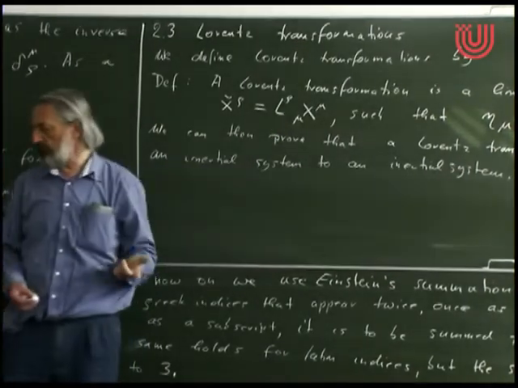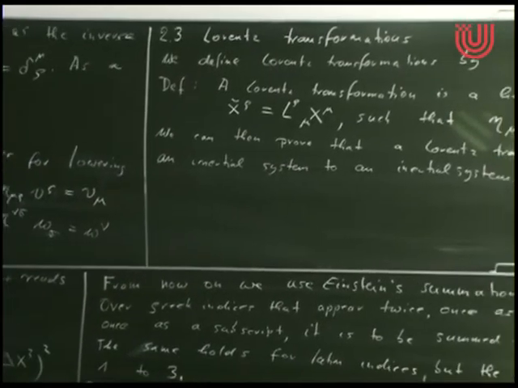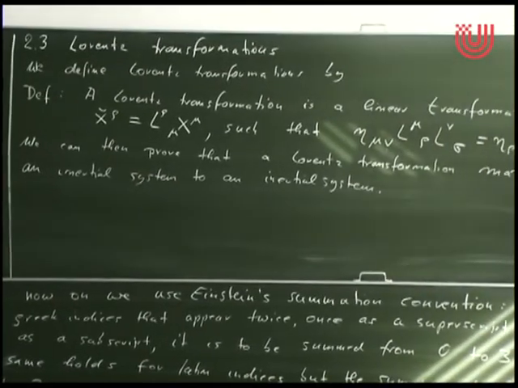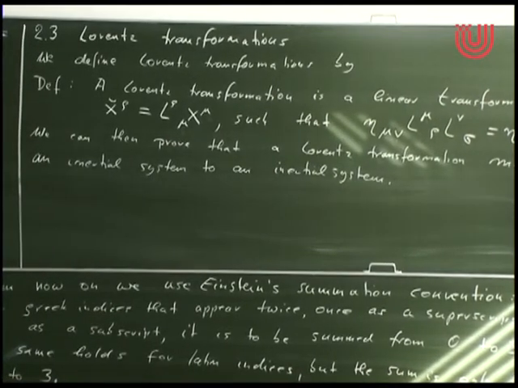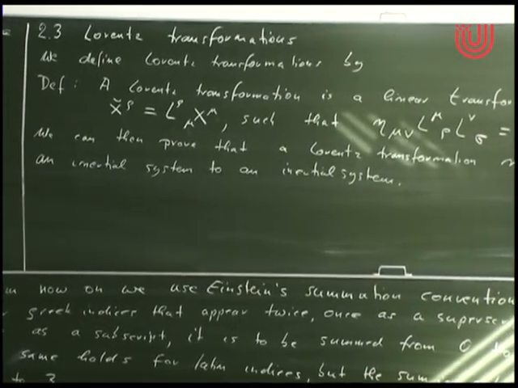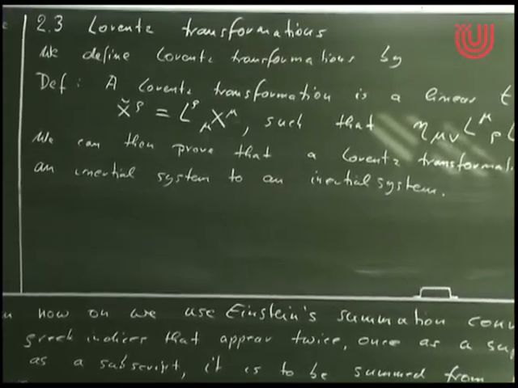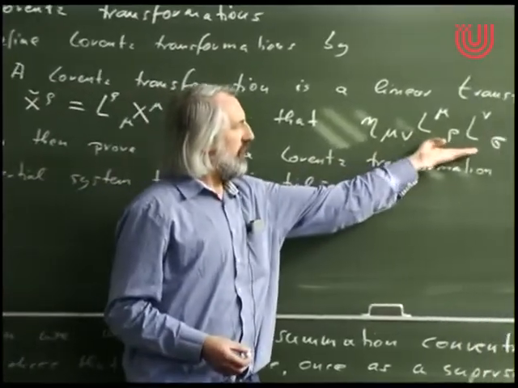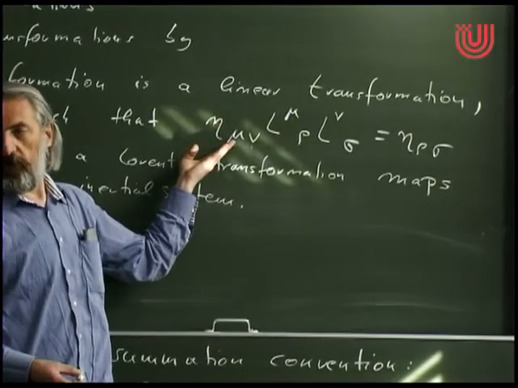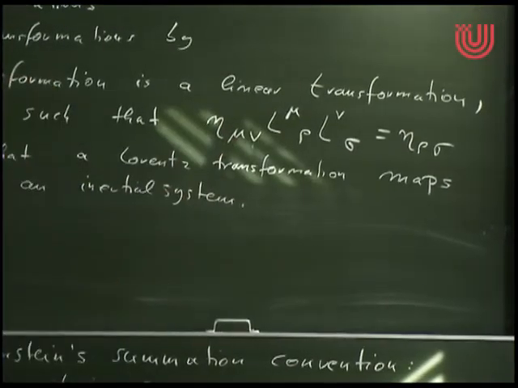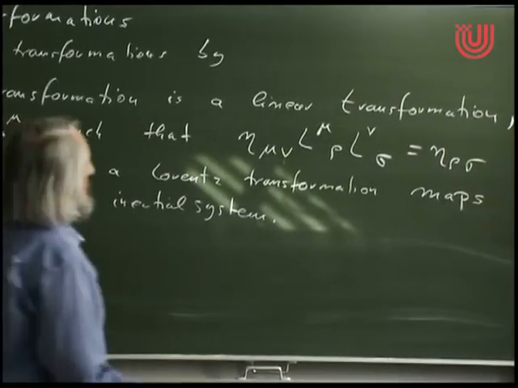And the second postulate, I can now phrase it in the way that I say the light cones are invariant. In every inertial system, the light cones are given by these cones under 45 degrees. So the transformation must leave the light cone invariant. But that's again true, because the eta is invariant, and the eta determines the light cones. So let me write this down.